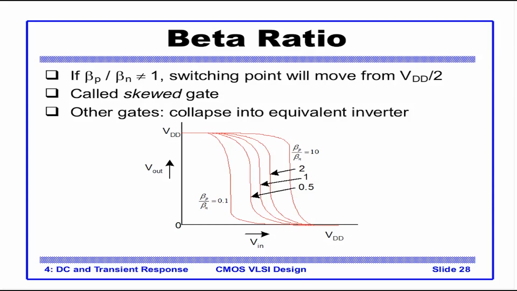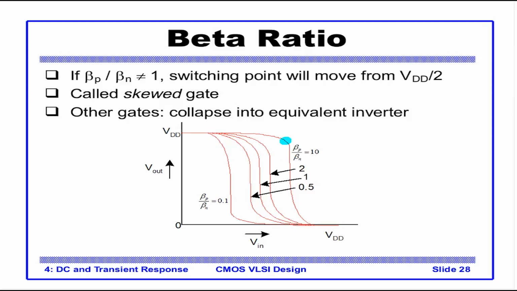So let's consider this curve here. Now this is the case where beta p by beta n is 10. That means the PMOS compared to NMOS is quite wide. It's 10 times as wide.